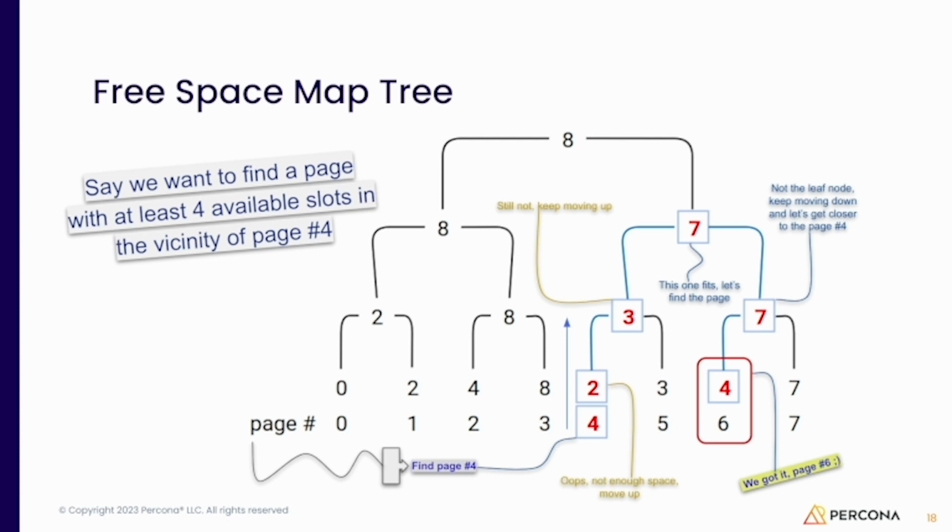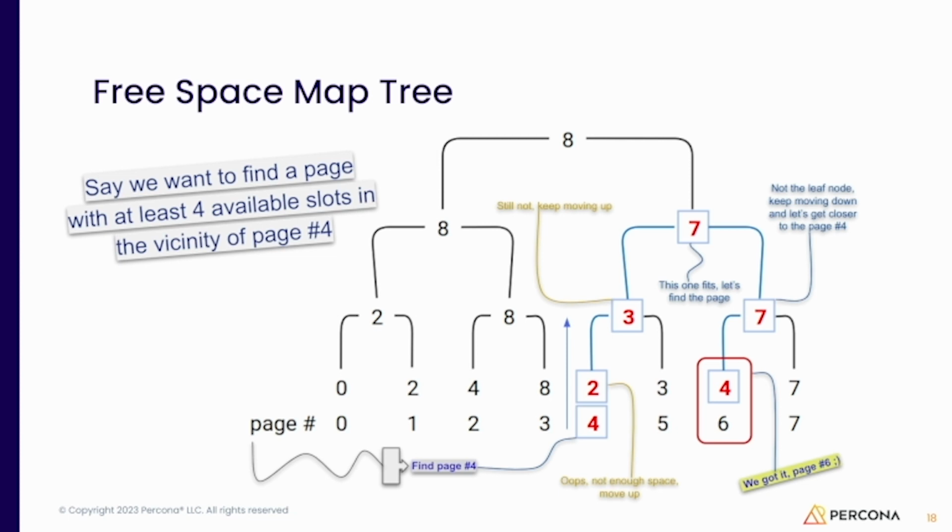So it's not this one. It goes to the right. This one has only 3. That's not enough space, so it doesn't make sense. I'm coming down, so I go up. Oh, this one has 7 available spots. Then I traverse the tree in this position. 7 is larger than 4, so I go to the left. And here, this is page number 6, which has at least 4 available spaces.